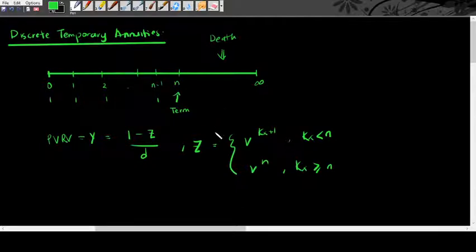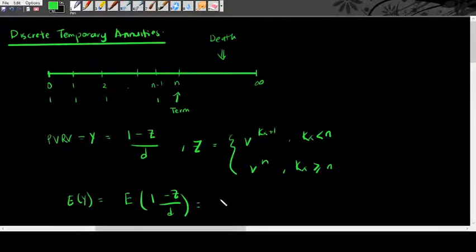So we can say that the expected value of Y equals the expected value of (1 minus Z) over d.